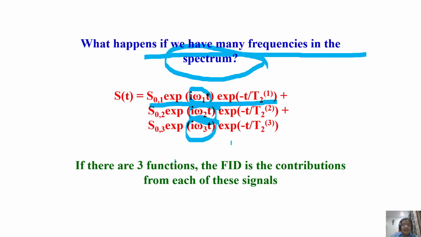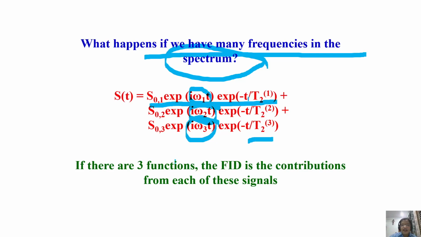Let us say 3 different time domain signals, each with a different frequency and a different T2. They are decaying. If I have a single frequency, you saw a single oscillatory signal. And all 3 are there. It could be many more. Then you are going to see in the time domain signal an interferogram.